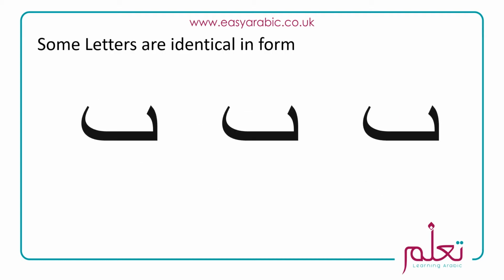So if we look at the letters ba and the ta and the tha, you can see that the shapes are exactly the same. Now what makes them different from one another is what we call nuktas. They're small dots that go either below or above the letter, and these help distinguish one letter from another.